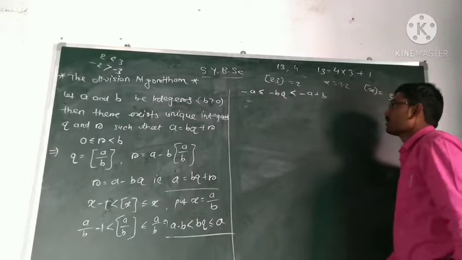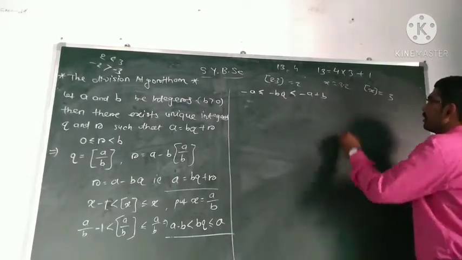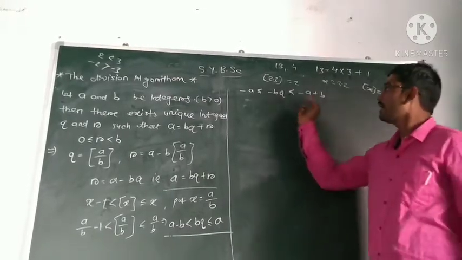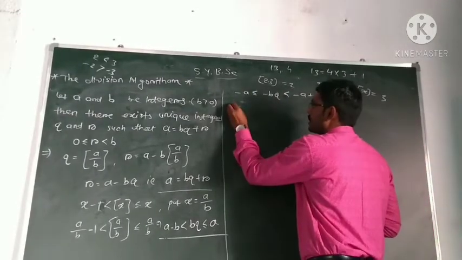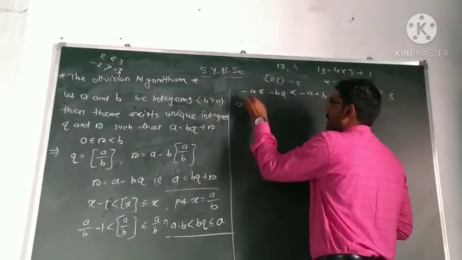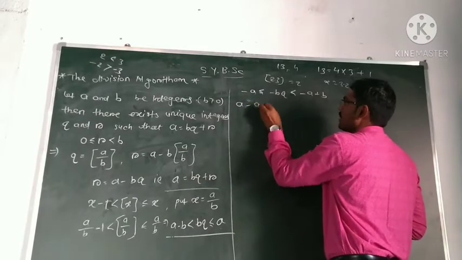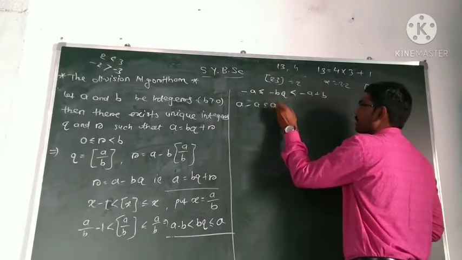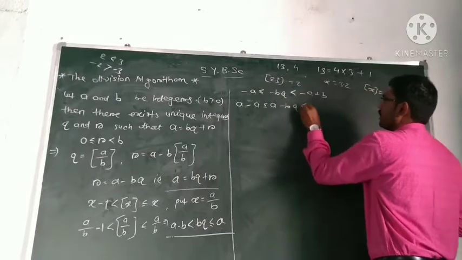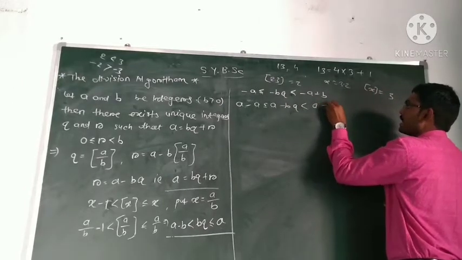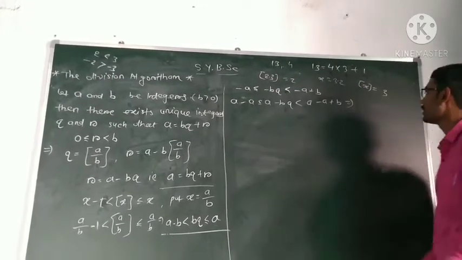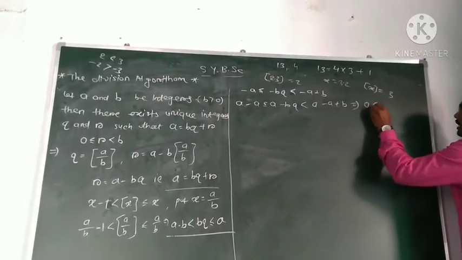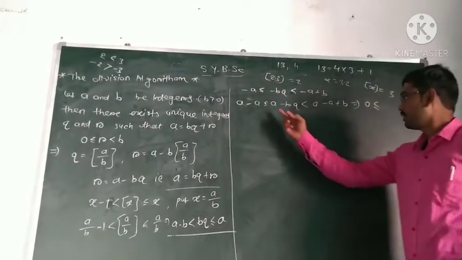Now add a to each term. So add a here: minus a plus a, less than or equal to a minus bq, which is less than a minus a plus b. This implies a minus a is 0, so 0 is less than or equal to a minus bq.